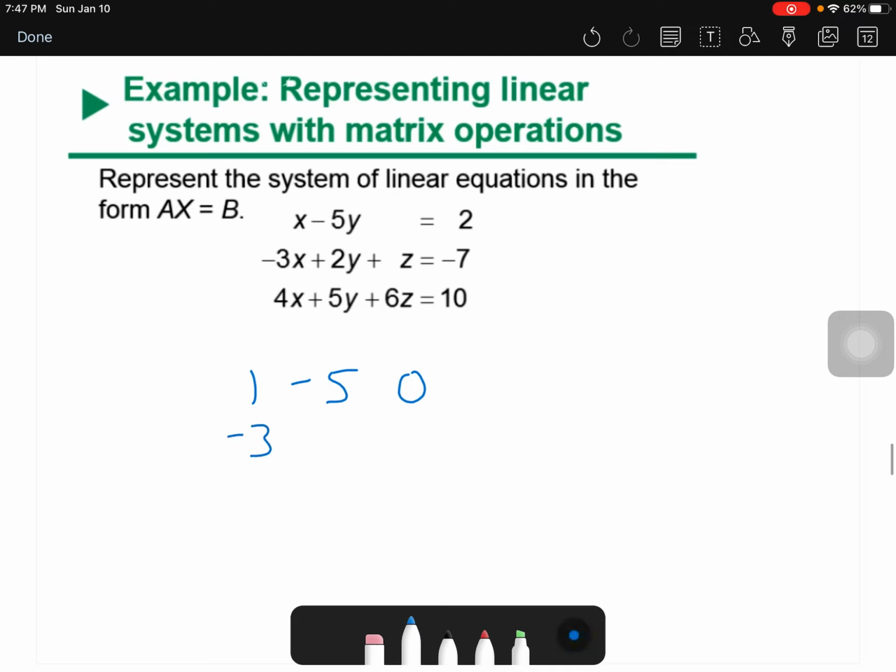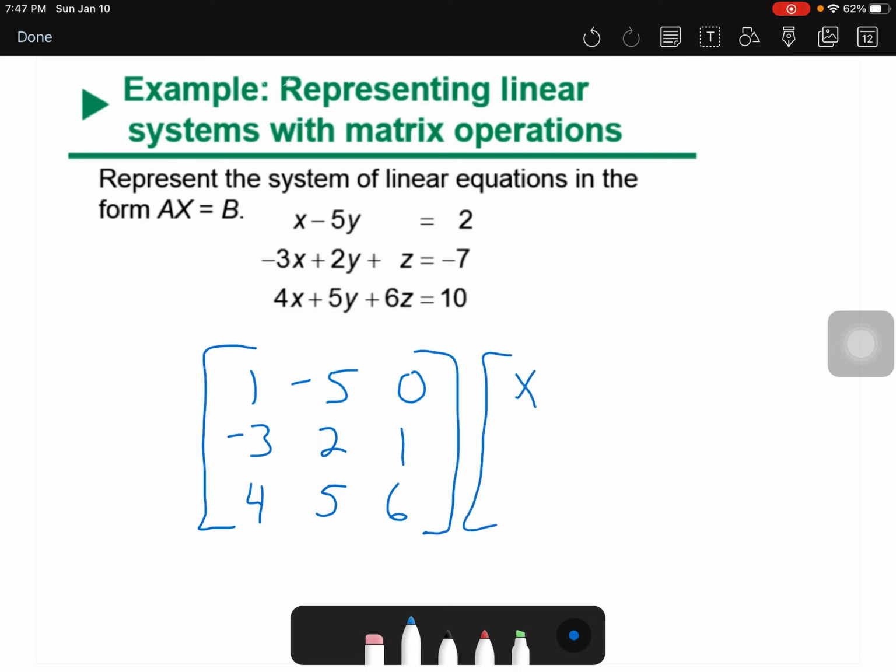Okay, and then we've got -3, 2, and 1, 4, 5, and 6. So there's our coefficient matrix, and then times x, y, z is a variable matrix, and then that's going to equal these constants, 2, -7, and 10.